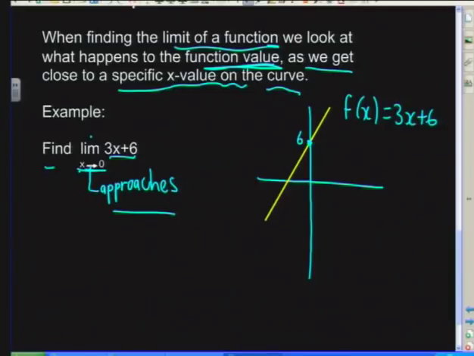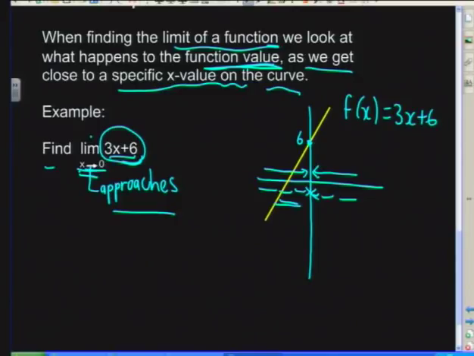Okay, so when we're asking you to find the limit as x approaches 0 of the function 3x plus 6, we're asking you to see what happens to the y values as x gets closer and closer to 0, both from the right-hand side and from the left-hand side. Okay, so what happens to the function, the values of y, as x approaches 0 from the left and as x approaches 0 from the right?